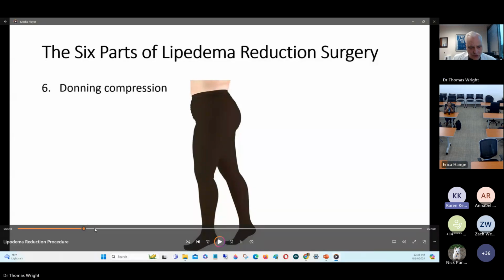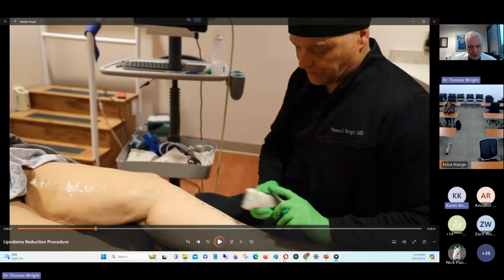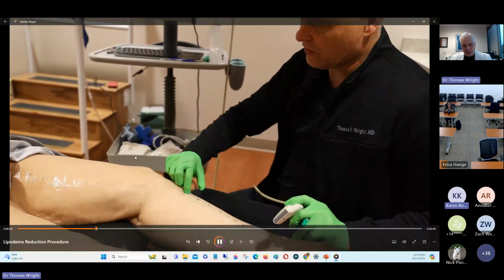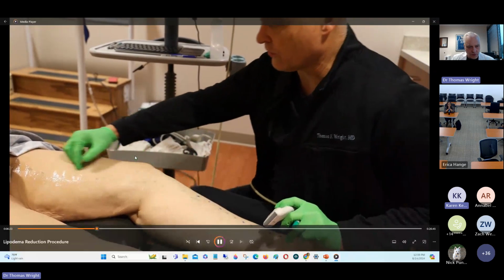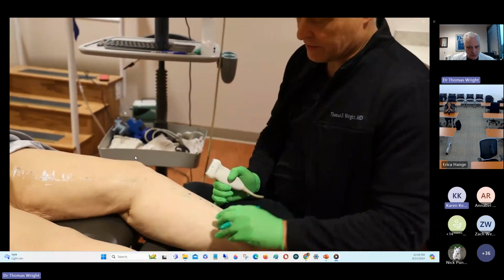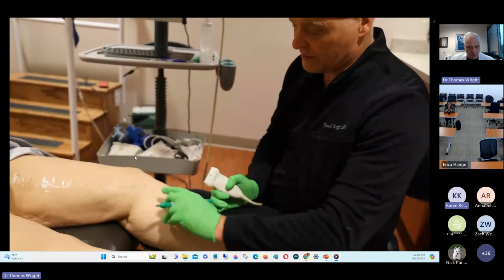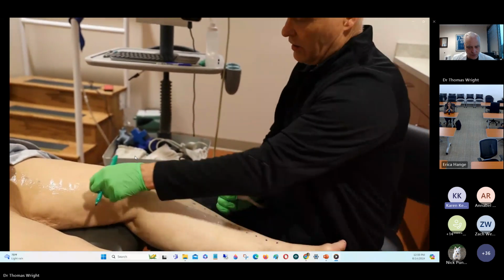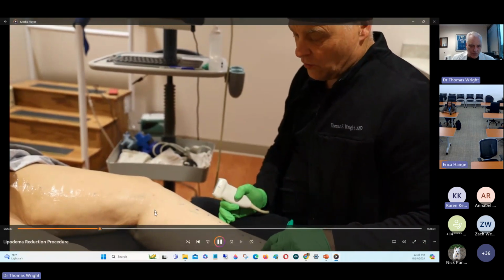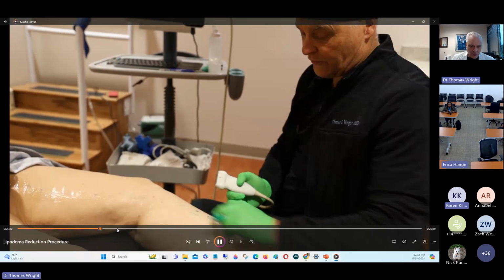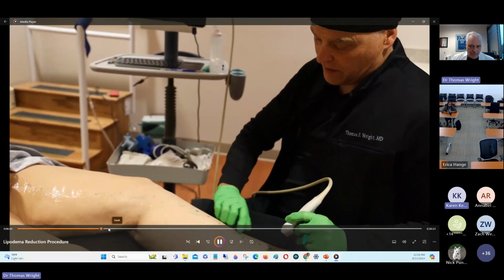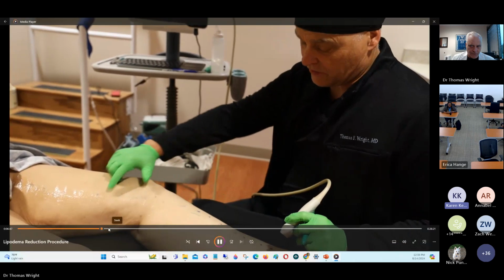So here is me. The greater saphenous runs along there. Now, the lymphatic channels have been well described, and they run parallel to the greater saphenous and the smaller saphenous. So first, with the high frequency ultrasound, we map the saphenous.